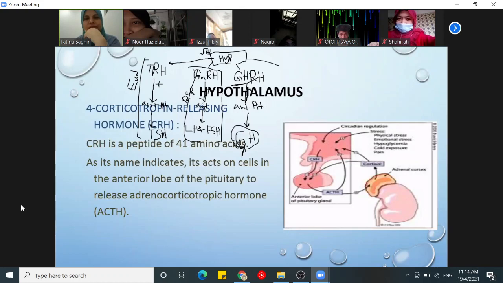The fourth hormone, CRH, corticotrophic releasing hormone. This hormone is secreted from hypothalamus and will also stimulate the anterior pituitary to secrete ACTH.